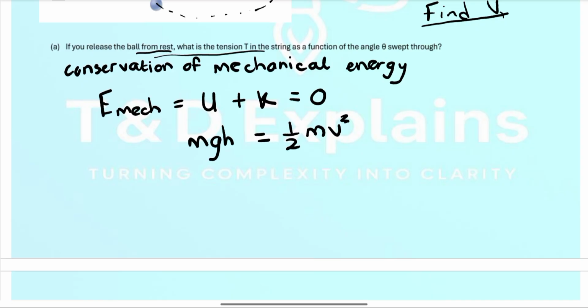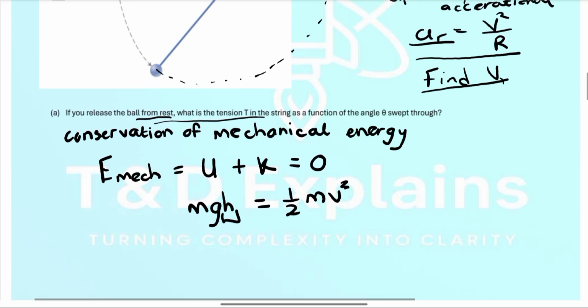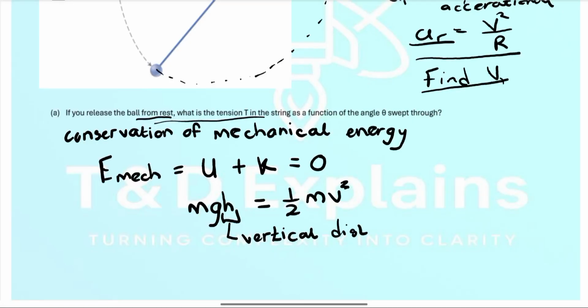So this h over here, we have to find it from our diagram because we know that h is a vertical distance from the ground.